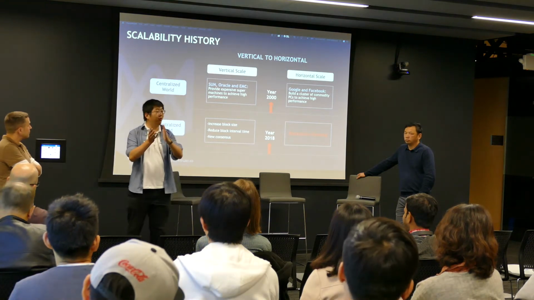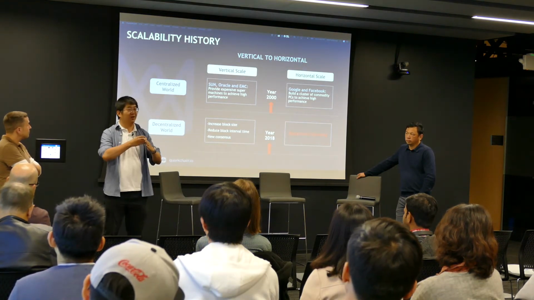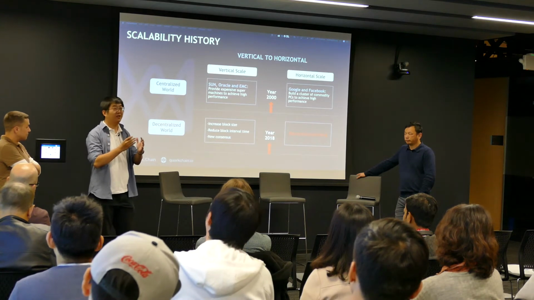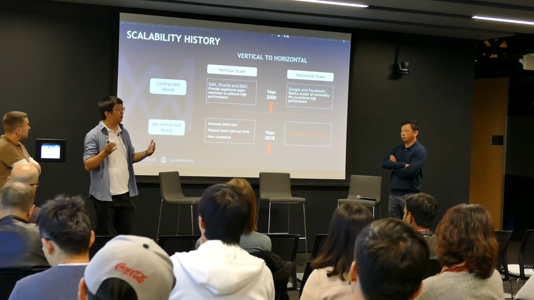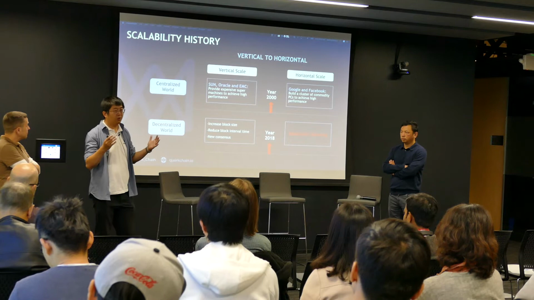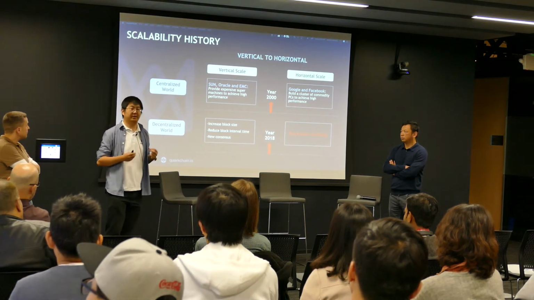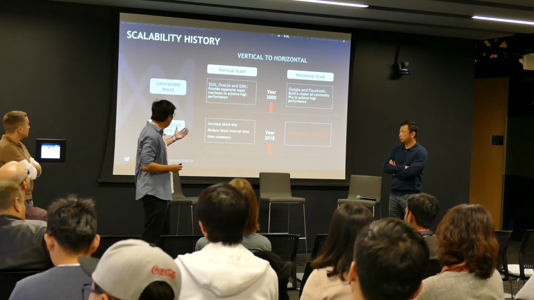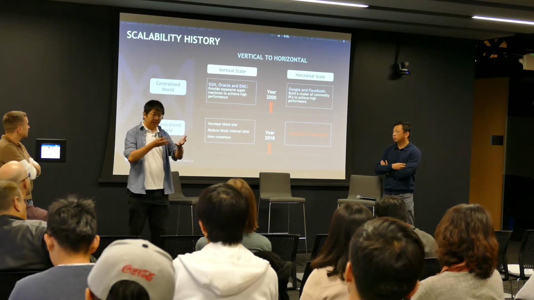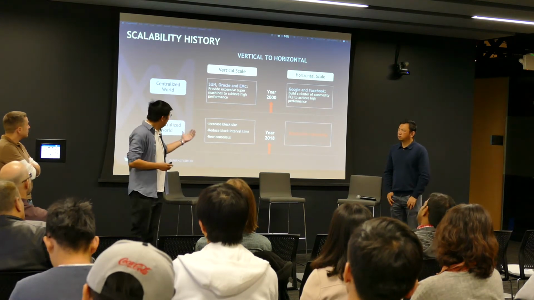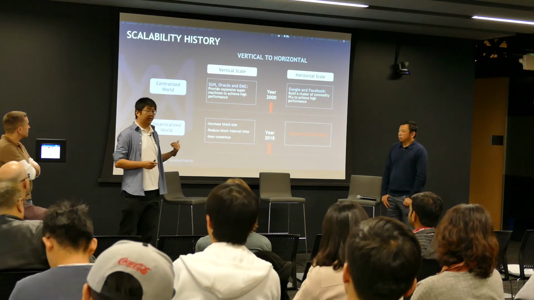However, these two parameters cannot be arbitrarily increased or decreased. For example, I cannot increase the block size to gigabytes or decrease the block interval to just a few seconds. So in order to optimize these parameters, new projects use new consensus mechanisms.